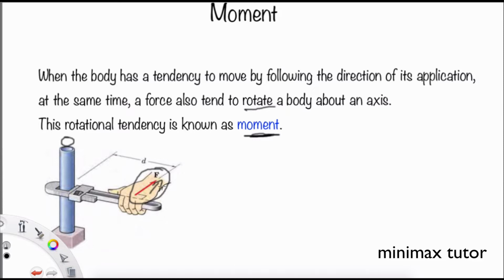Please pay attention to the direction, because it is very important for us to know the sense of our force, our resultant and others. And we also have the distance here. So the two components here are force and distance. The moment can also be called a torque because the body tends to rotate.